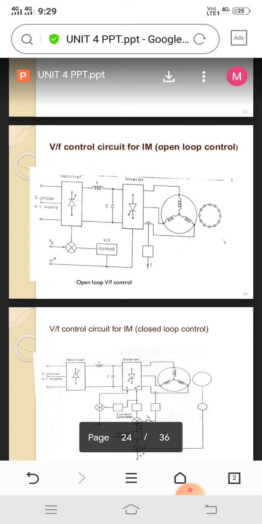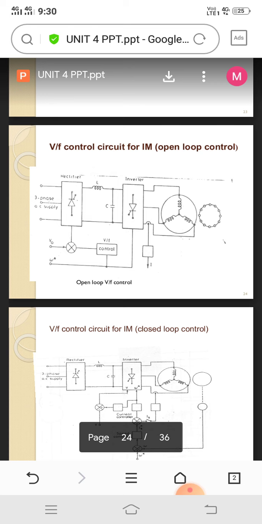At a time, the 6 SCRs cannot be connected because there are switching sequences. Those switching sequences we already saw in the second unit. Now I have to insist on the switching sequences: 1, 2, 3, 2, 3, 4, 3, 4, 5, 4, 5, 6, 5, 6, 1.